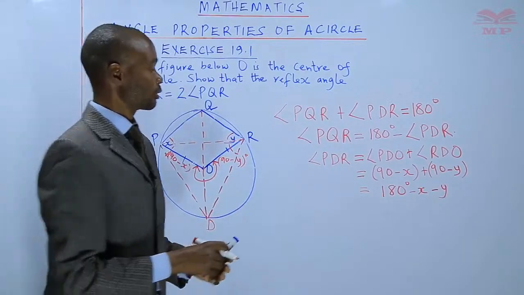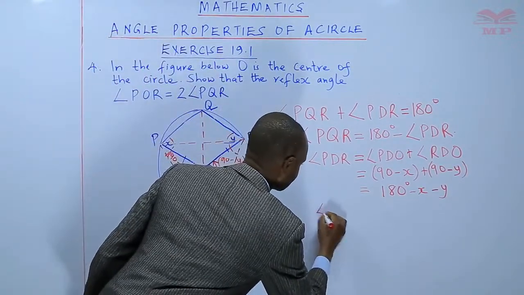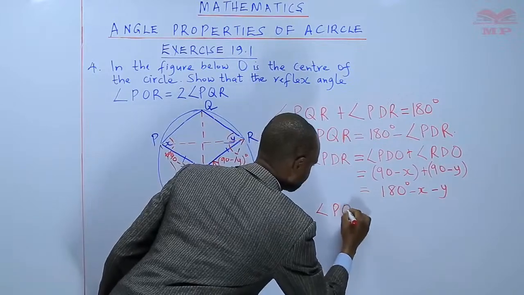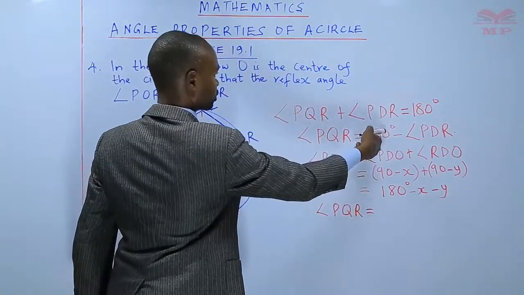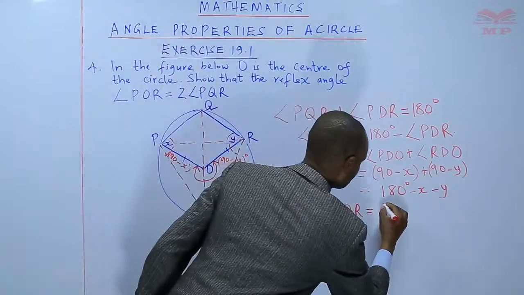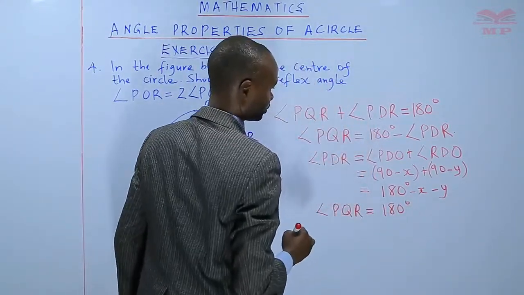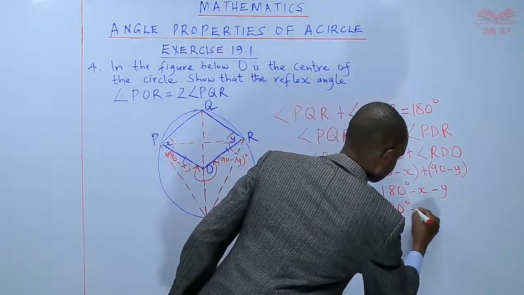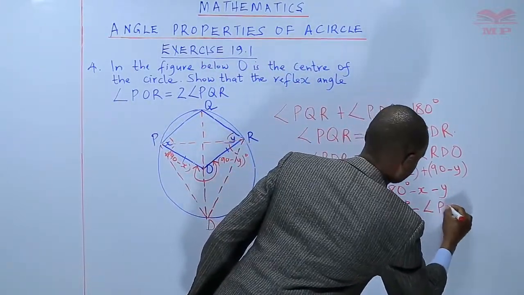So PQR is equal to 180 degrees minus angle PDR.